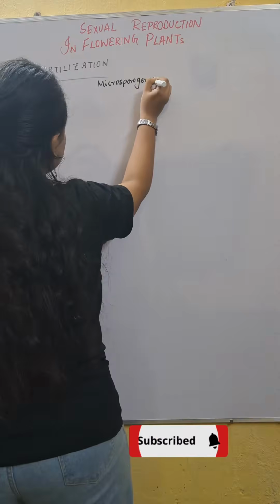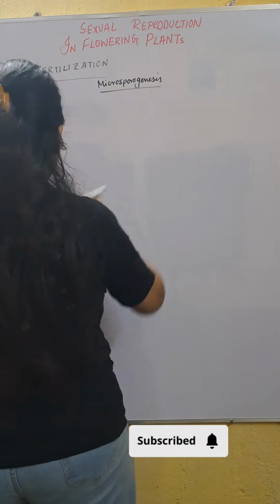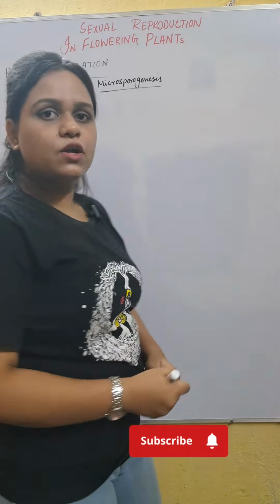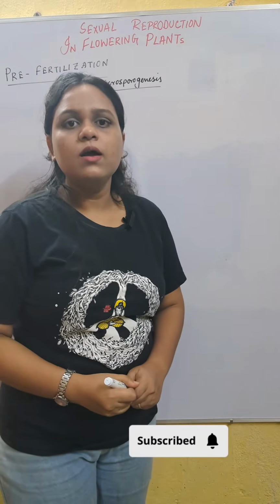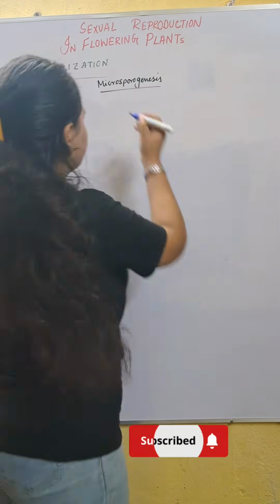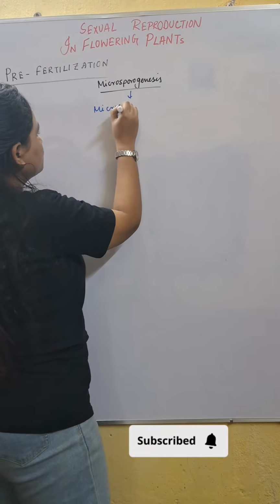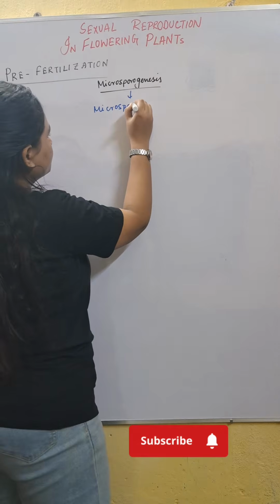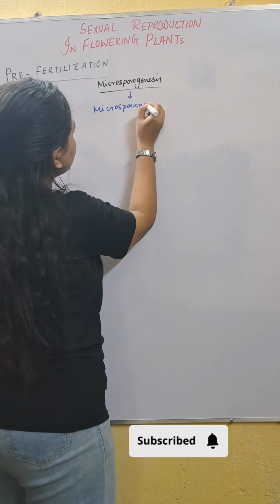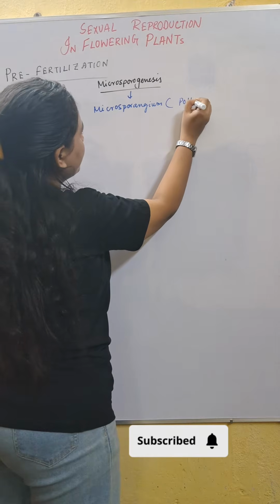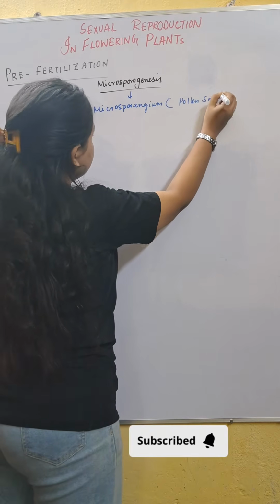Microsporogenesis. Now, this process occurs in the microsporangium, or pollen sac. Microsporangium is also known as pollen sac.